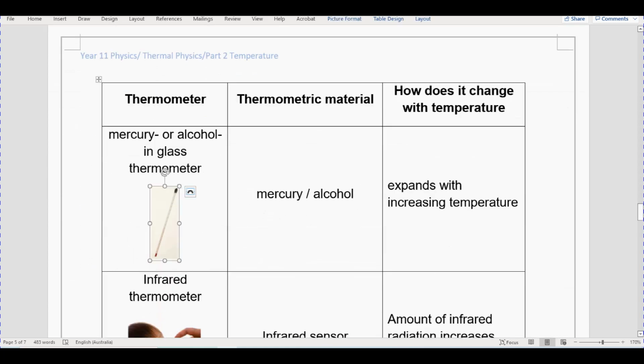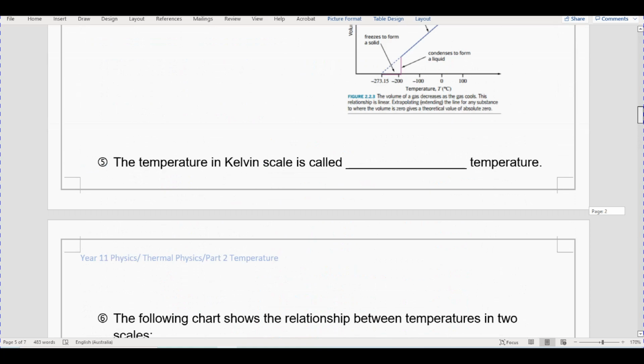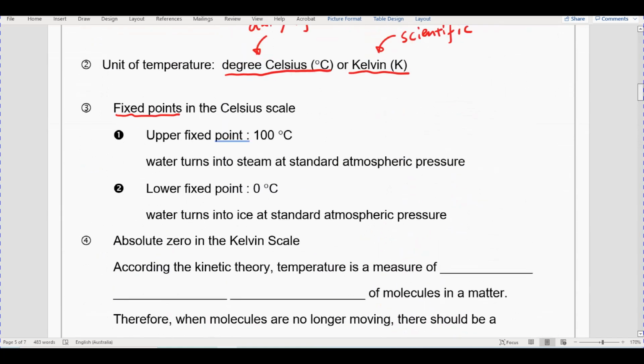For example, this is a mercury or alcohol in glass thermometer that you must have used before, a very common thermometer in a laboratory. To make this liquid in glass thermometer, you need two fixed points.